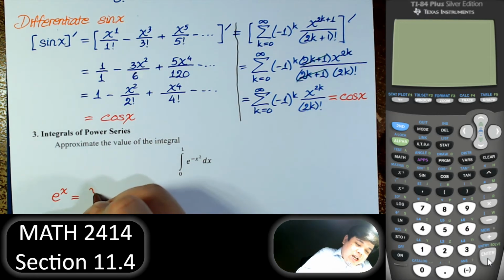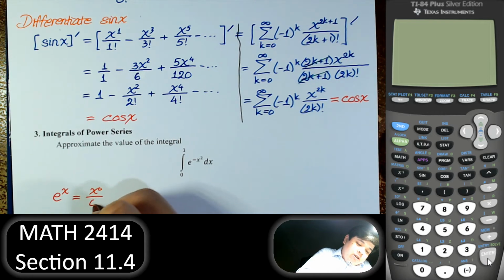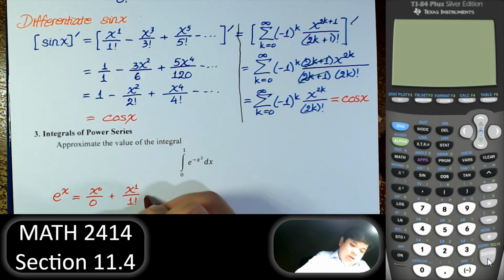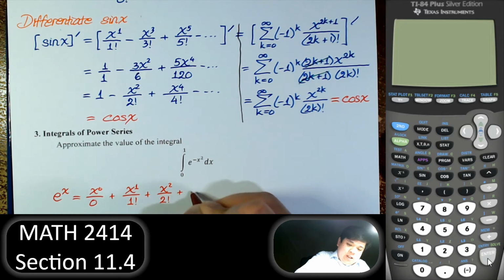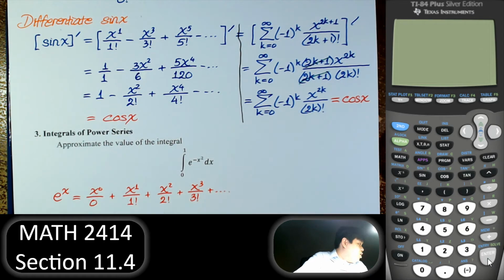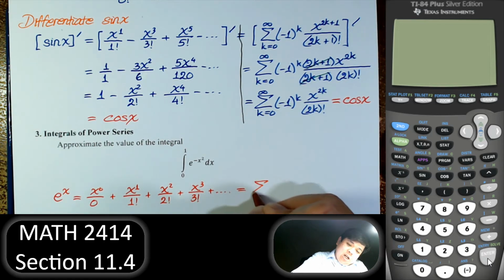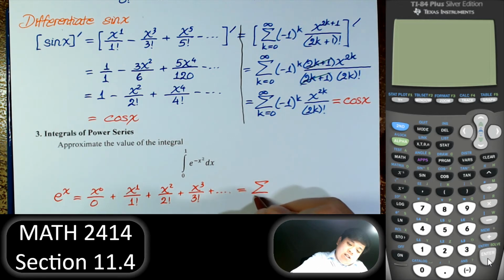So we can say x to the 0 over 0 factorial, plus x to the first over 1 factorial, plus x squared over 2 factorial, and it's plus. It's not an alternating series.